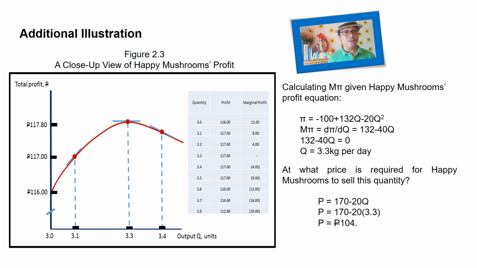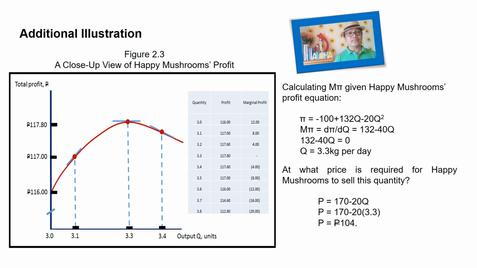Calculating marginal profit at any level of output by the simple rules of differential calculus given Happy Mushrooms' profit equation. That is, the profit function is equal to negative 100 plus 132Q minus 20Q squared. Taking the first derivative of this profit function, we have the marginal profit, d pi over dq, equals 132 minus 40q.